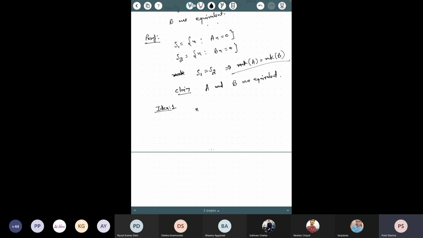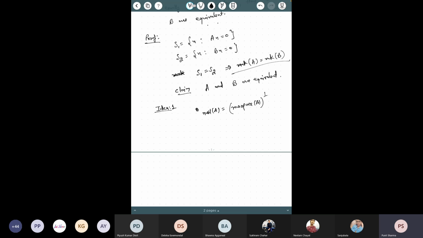So the first idea is that you show the null space of A is the same as the orthogonal complement of the row space of A. This thing I have not introduced, but I'm just giving you some idea that whenever we cover these topics, we can come back and prove this.